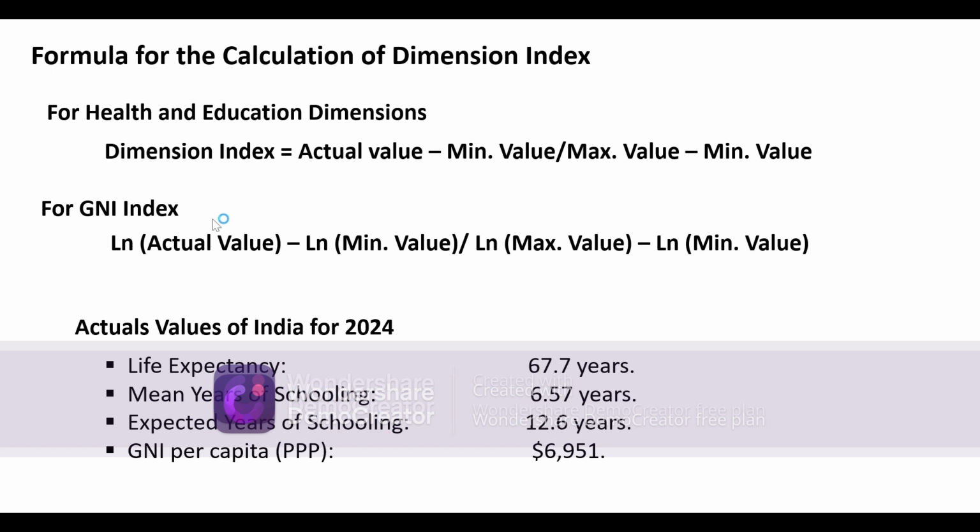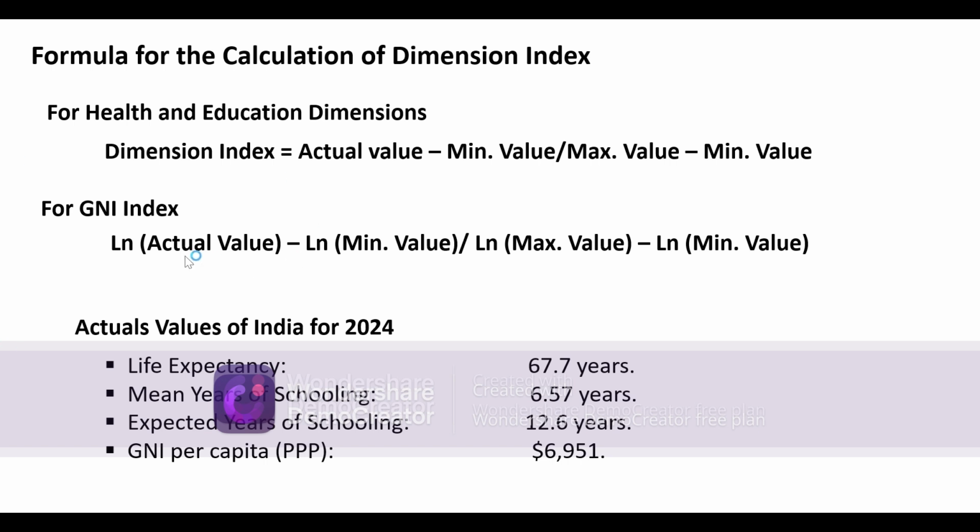The formula to estimate the health and education dimension indices is: dimension index equals actual value minus minimum value, divided by maximum value minus minimum value. The actual value is what we take from any specific country, and the minimum and maximum values are what we have seen in the previous slide.